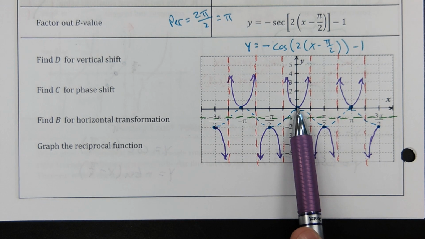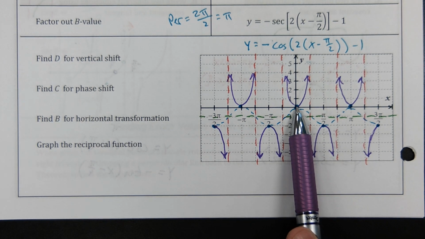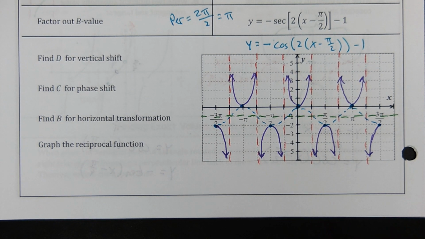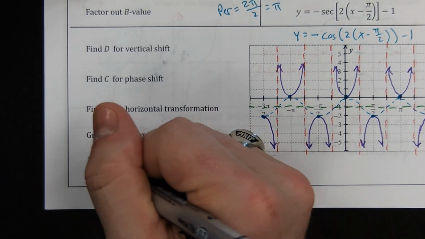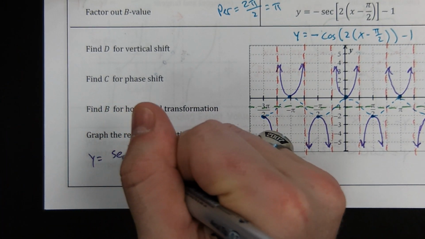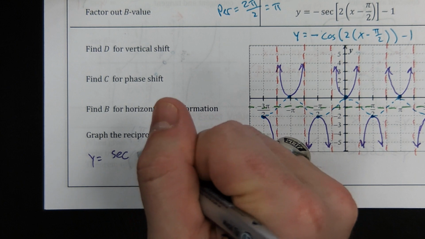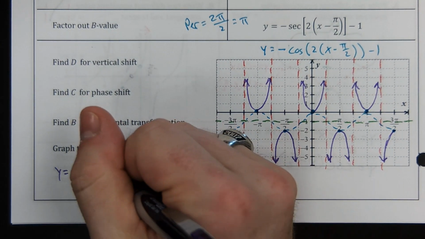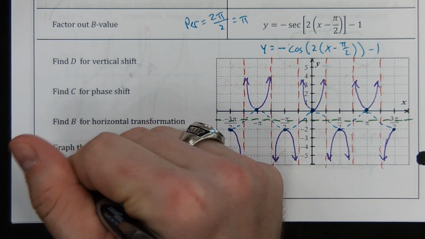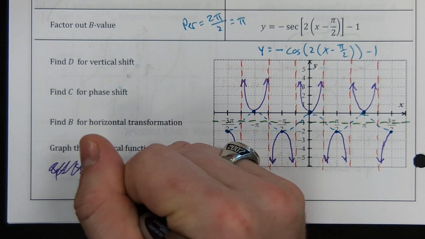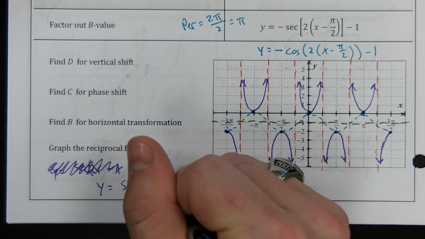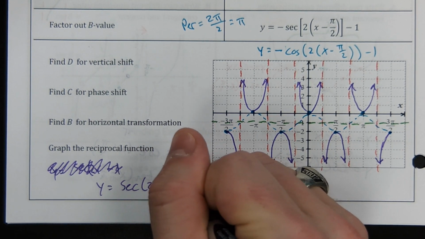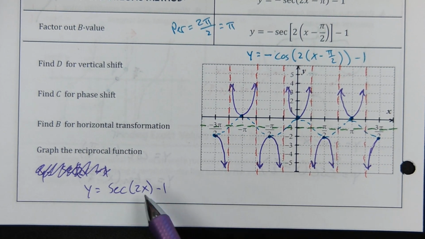Which means I could have just called this a positive secant model with no phase shift. We could have just said, in purple, y equals secant of x minus 1. Oh, I forgot the 2. Got to have a 2 in front of that x. Now I screwed it up. Y equals positive secant of 2x, no phase shift, just shift down 1. I mean, look how much nicer that is.